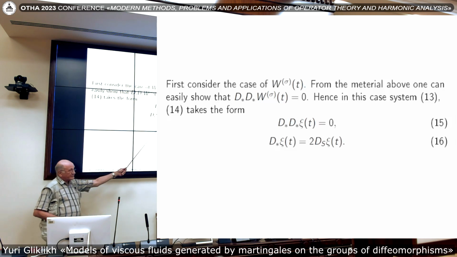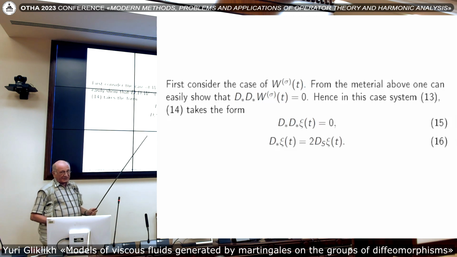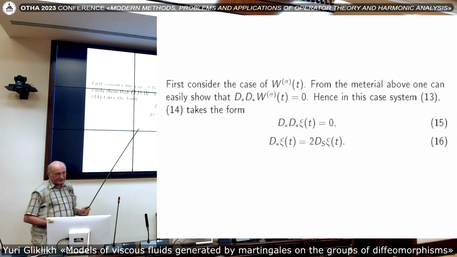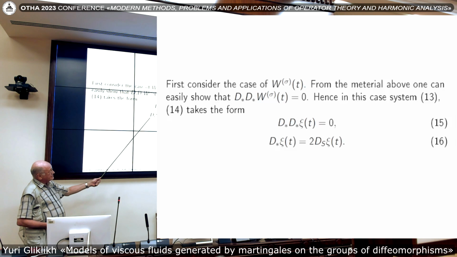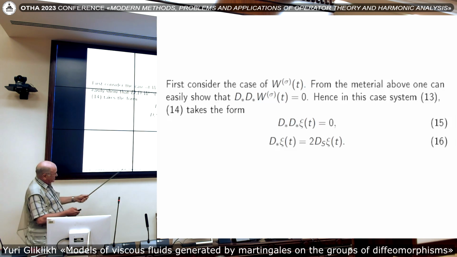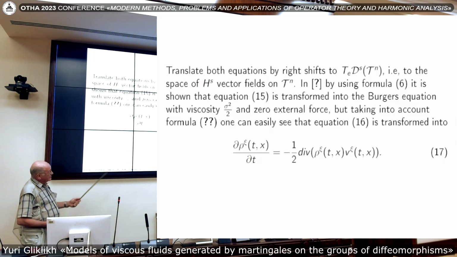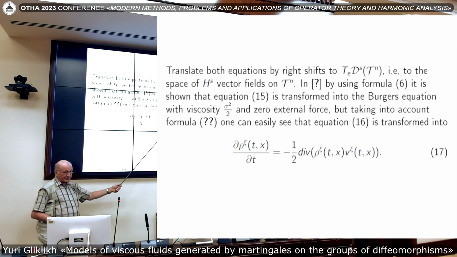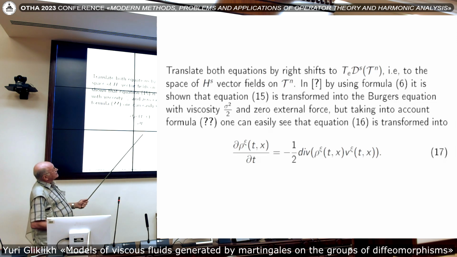And as I told right now, the right-hand side is 0. So it's Burgers' equation with 0 external force. And this is the equation that we found for symmetric mean derivatives. It is analogous to the continuity equation.